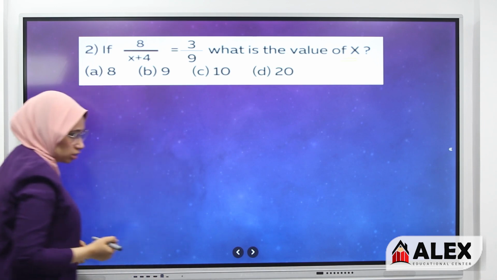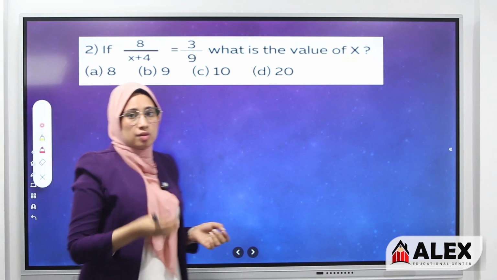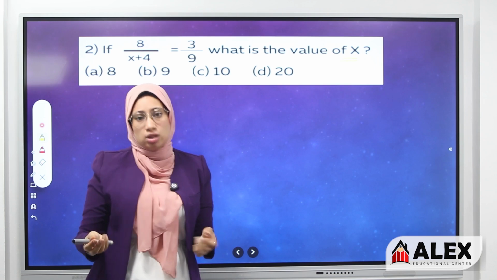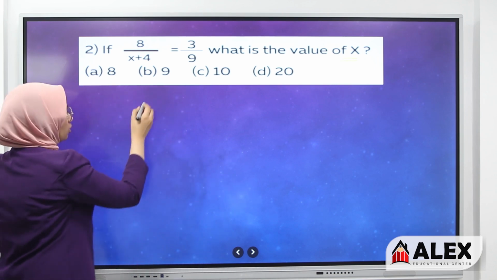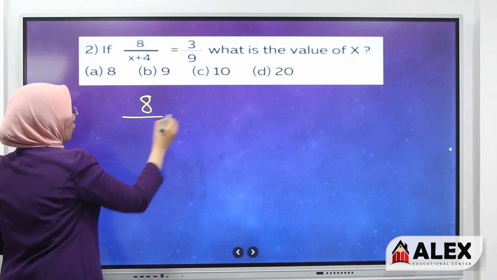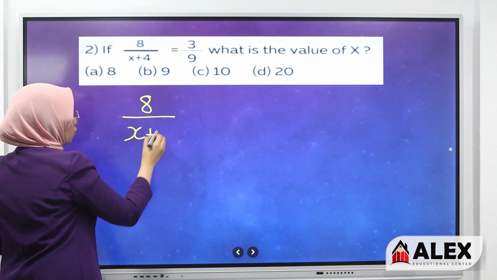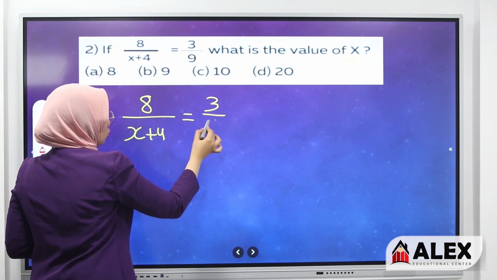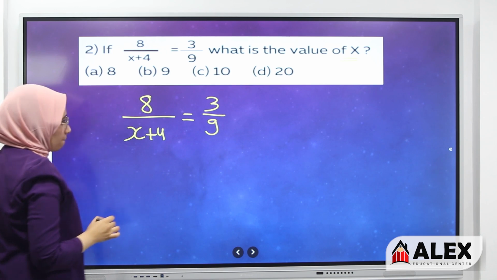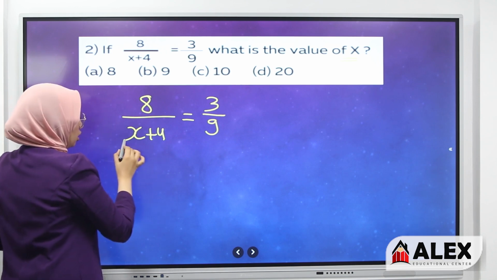In any proportion, we call what? The product of the means equals the product of the extremes. Here, 8 over x plus 4 equals 3 over 9.